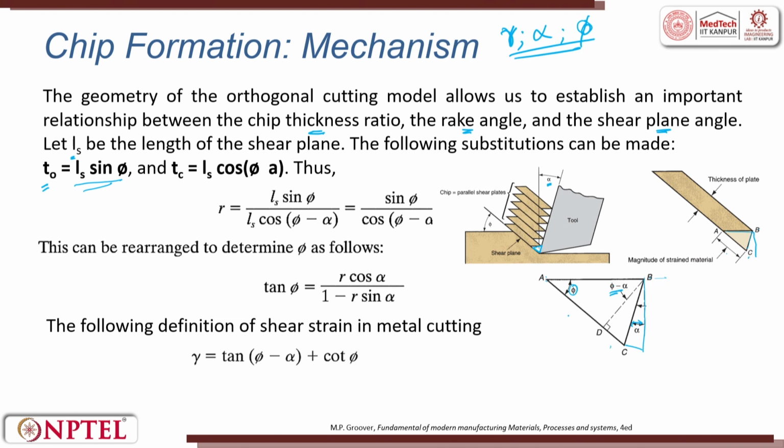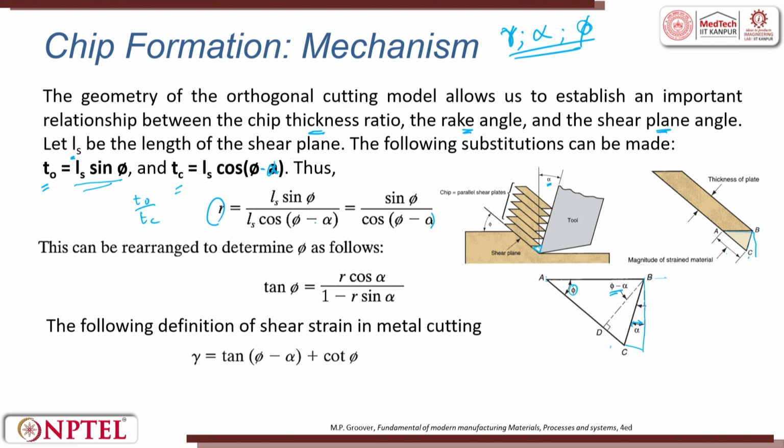Now, I try to draw a relationship. T naught is equal to Ls into sin phi, and Tc is nothing but Ls into cos of phi minus alpha. Thus, R is T naught by Tc, which is Ls sin phi by Ls cos of phi minus alpha.